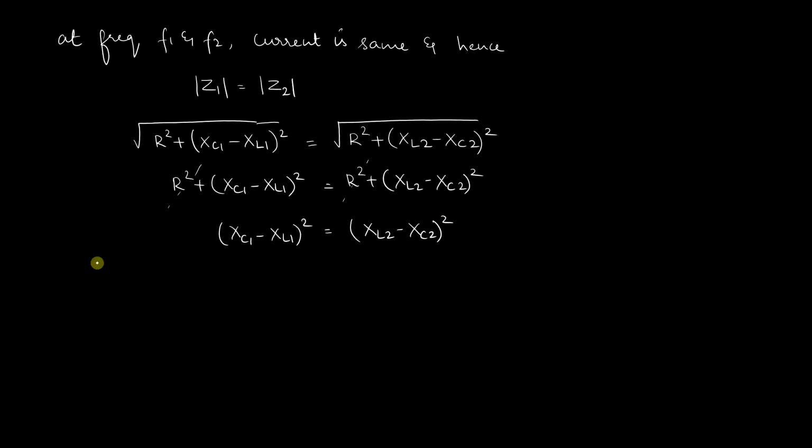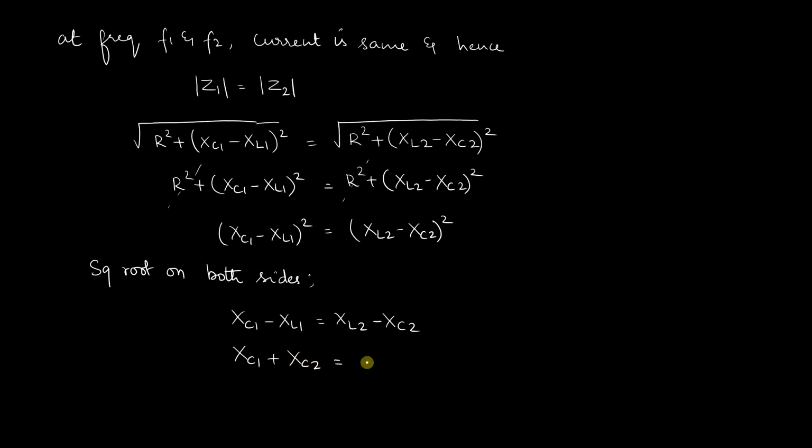Again take the square root on both sides. You get XC1 minus XL1 equal to XL2 minus XC2. You have terms in terms of capacitance and in terms of inductance, club them together. So this becomes XC1 plus XC2 equal to XL2 plus XL1.